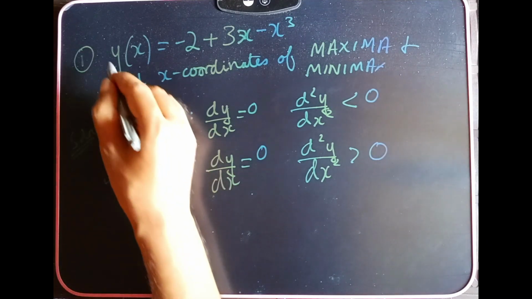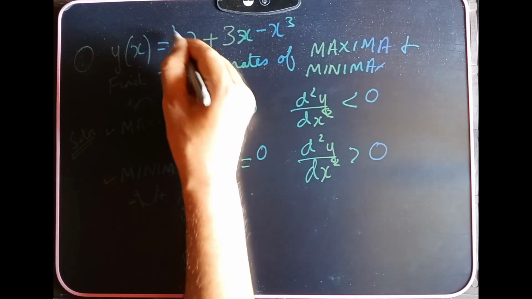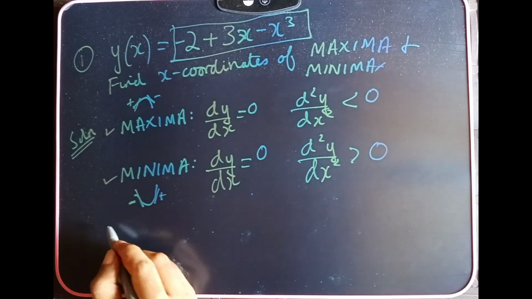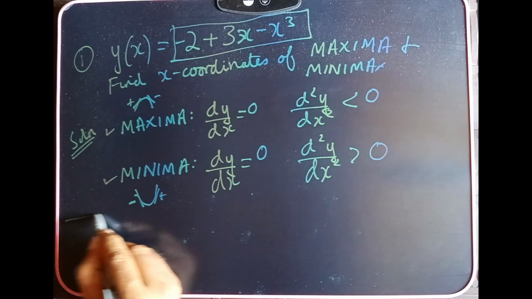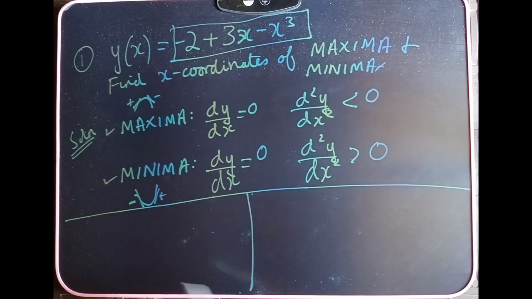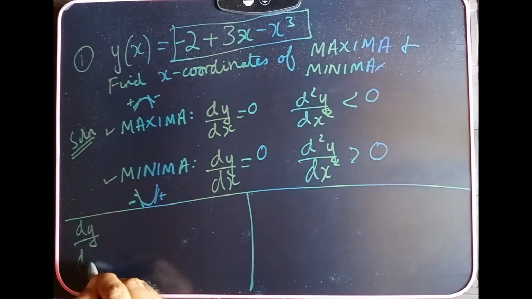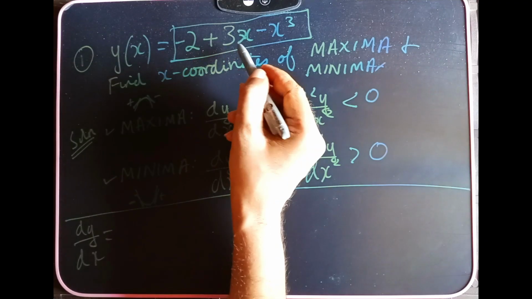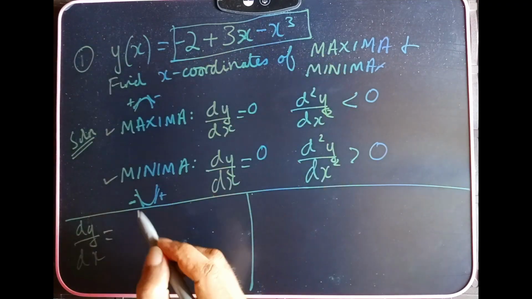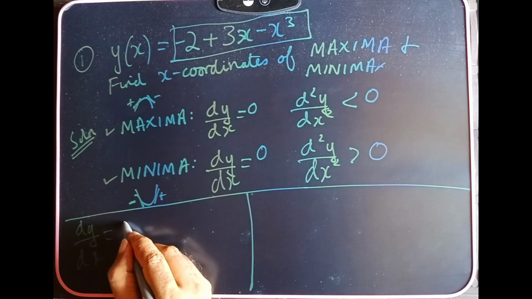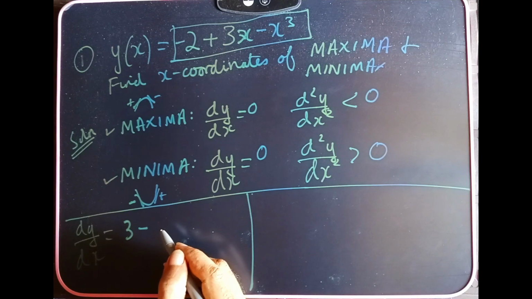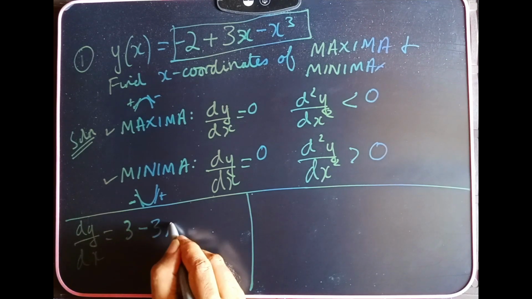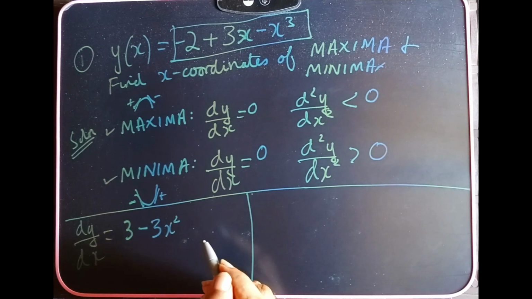So now we'll take the differentiation of this particular function. I have very little space, so I'll try to solve it in this space. dy by dx will become equal to, the differentiation of the first term will be 0, and this will be 3 minus 3x square, right?